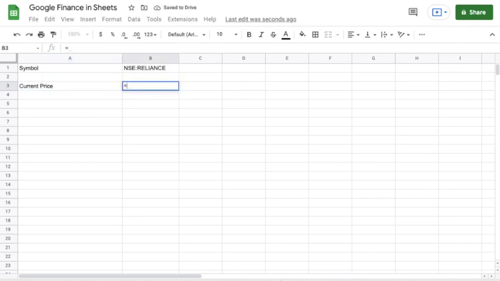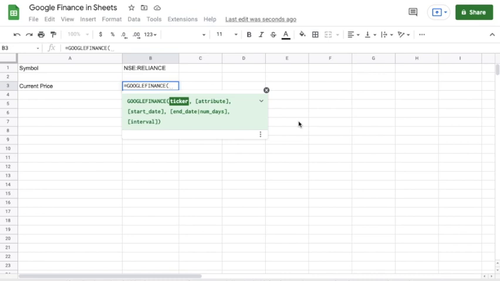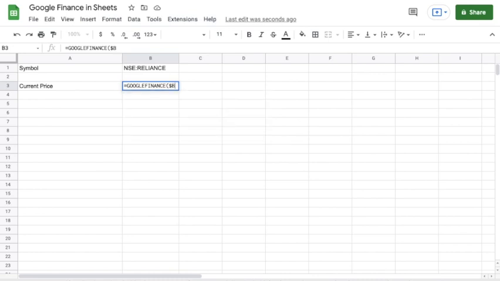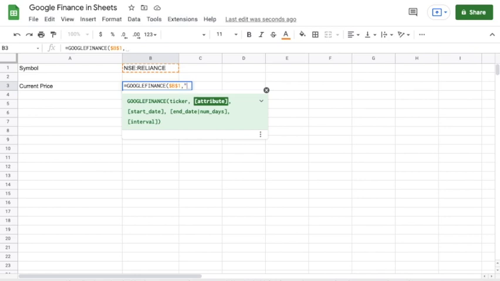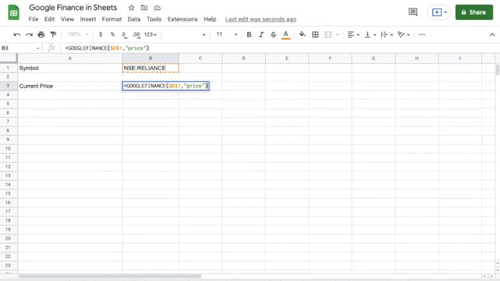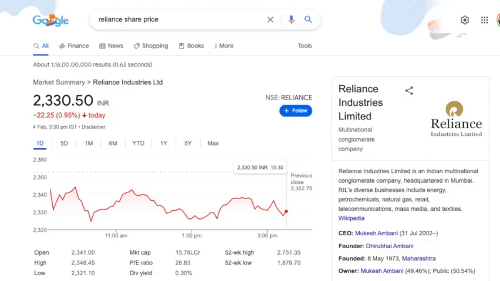So we'll do equal to Google Finance, the ticker symbol, which is in our cell B1, followed by the attribute, which is the price that we want to know. So that is 2330.5, which matches the price shown on Google as well, which is 2330.5.